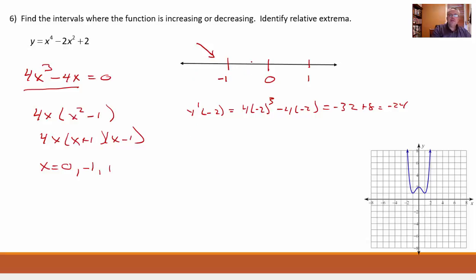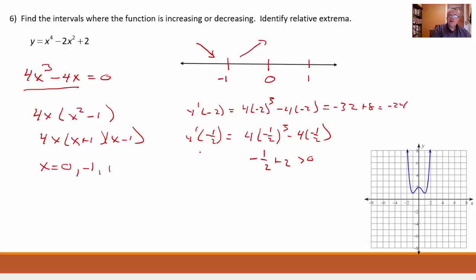All right, let's put a point in here. For instance, negative 1/2. Y prime at negative 1/2 equals 4 times negative 1/2 cubed minus 4 times negative 1/2. We can use our calculator to do this. This would be 4 times negative 1/8, which is negative 1/2. This is plus 4 times 1/2, plus 2. That's greater than 0. Increasing.